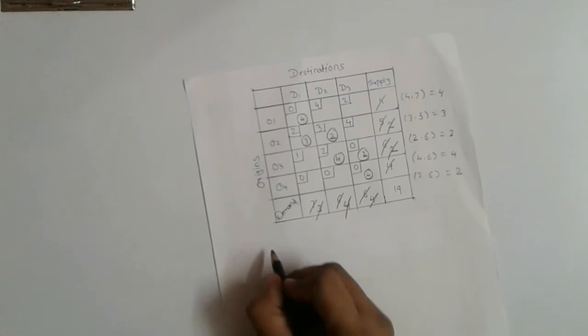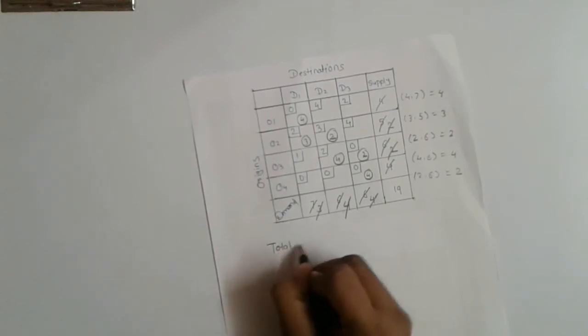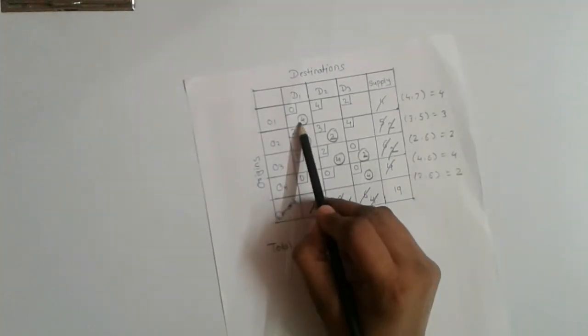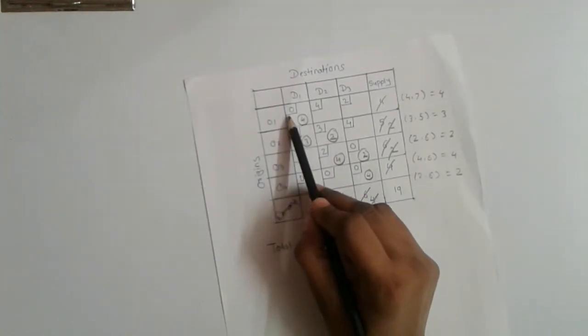So calculate the total transportation cost by multiplying the allocated units to the cost in the corresponding cell.